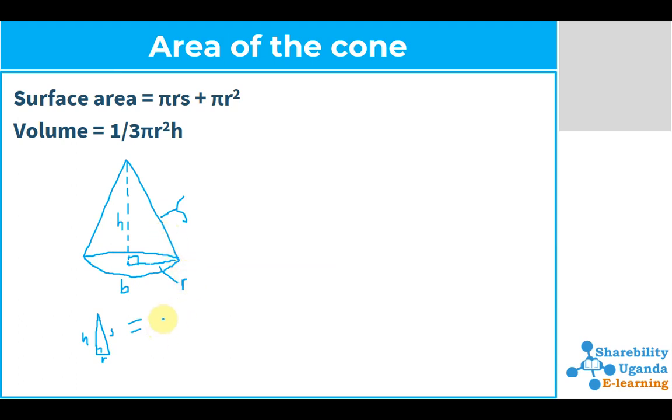So here we use what we call the Pythagorean theorem, which is h squared plus r squared is equal to our c squared.